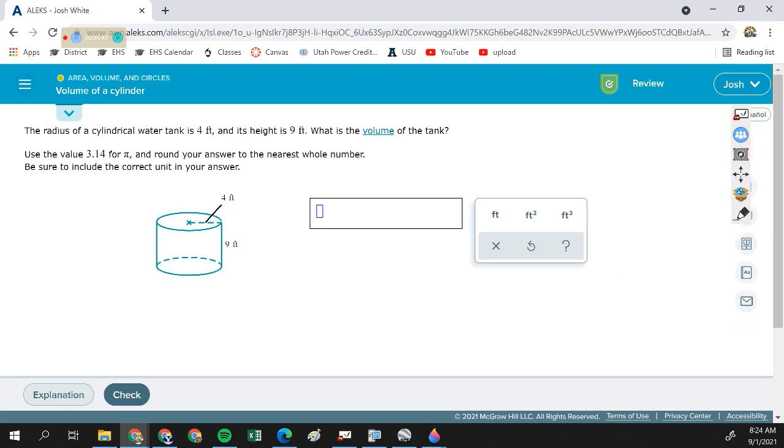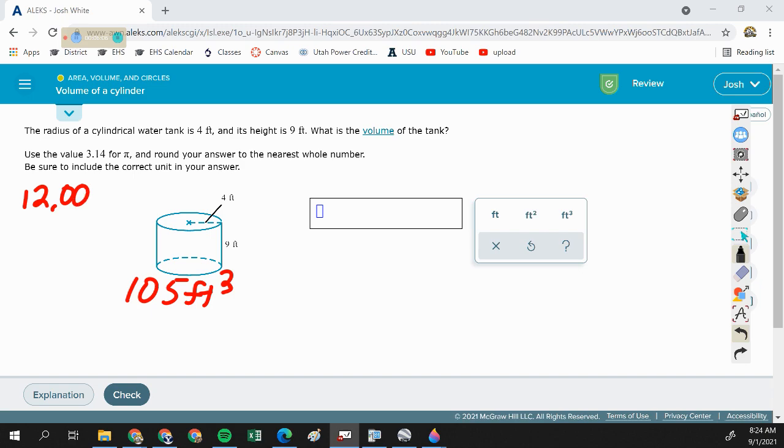What if it said the volume of this is 105 cubic feet, and I have a lake that holds 12,000 cubic feet of water.